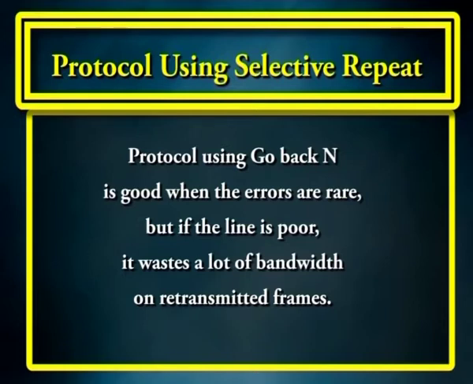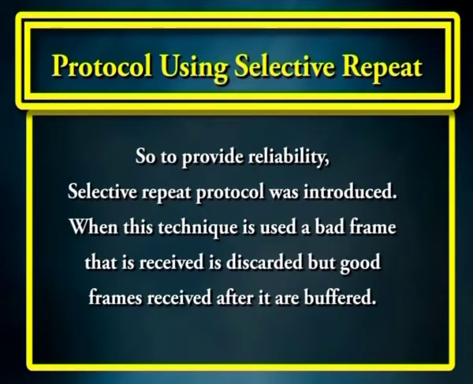Next we take up selective repeat protocol. Using go back N is good when the errors are rare, but if the line is poor, it wastes a lot of bandwidth on retransmitted frames. So to provide reliability, selective repeat protocol was introduced.